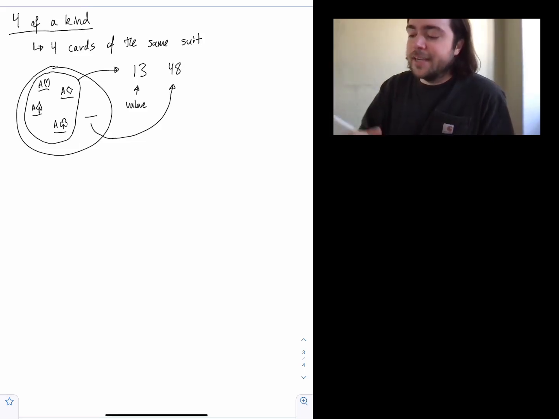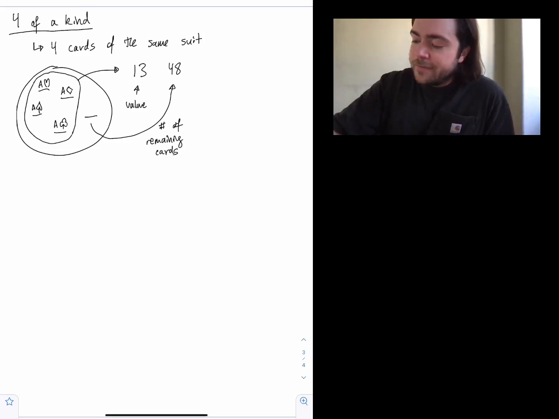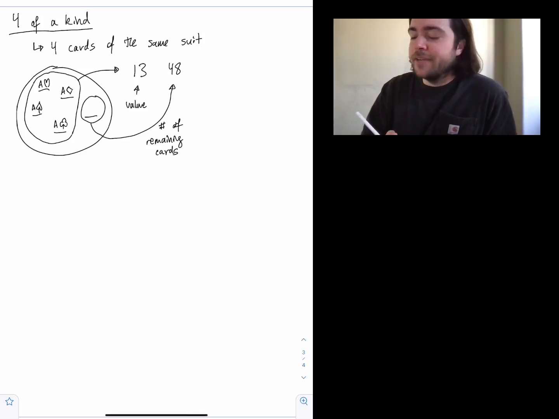Right, 52 card deck minus those 4 is 48. This is the number of remaining cards. So for any value you give me, maybe ace, these 4 cards are determined by that value. And then for any such choice of the 4 of a kind, I have 48 remaining cards that could fall in that last slot for my 5th card.